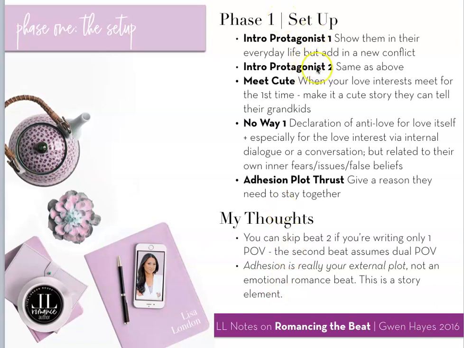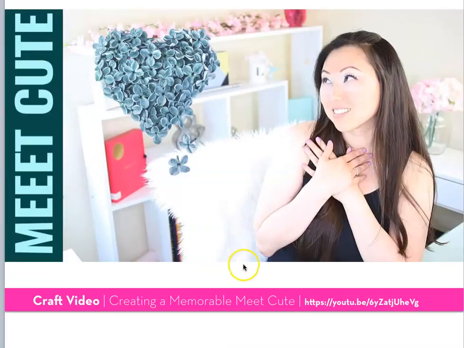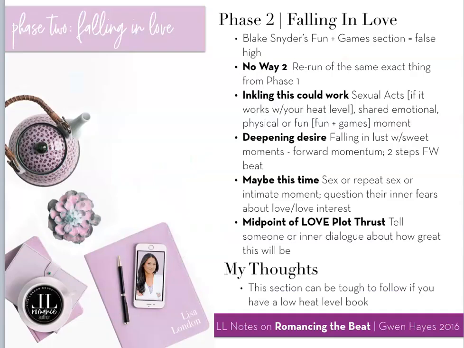So you actually don't need to do number 2 if you are writing just one POV. Now most romances have dual POV, the hero and the heroine. However, just like all rules, you can break it. So it doesn't have to be true. The meet cute, I do have a video on that, on creating a memorable meet cute, with different ways to make that the best it can be.